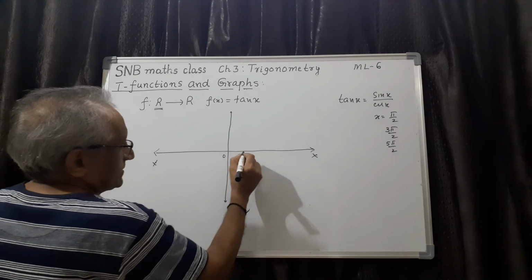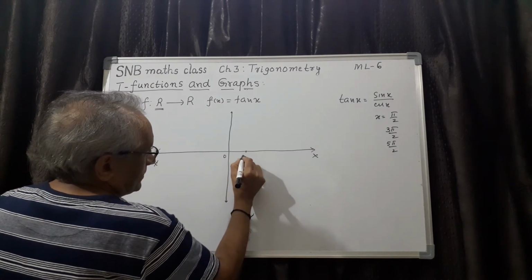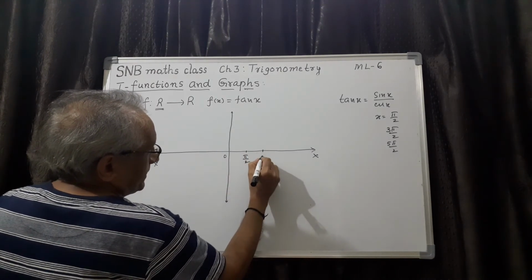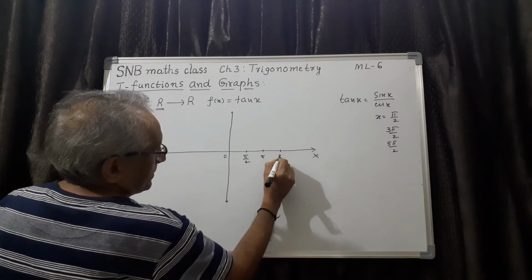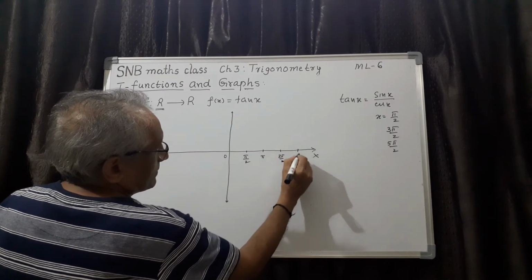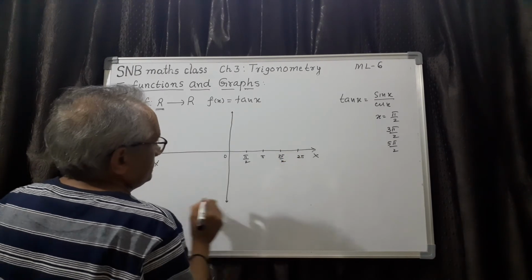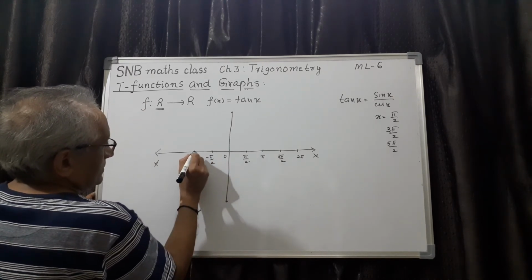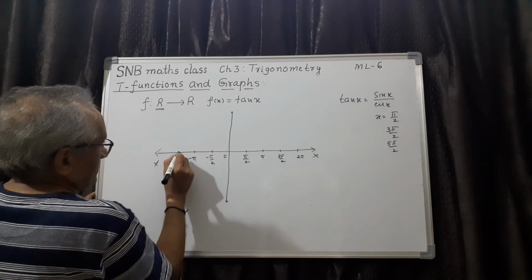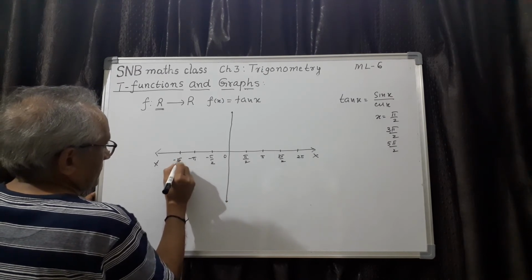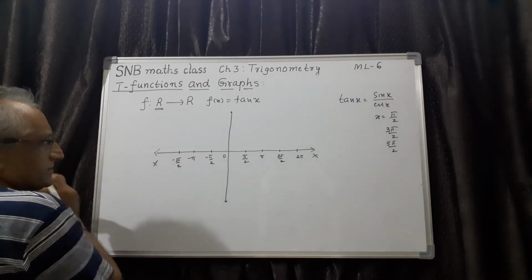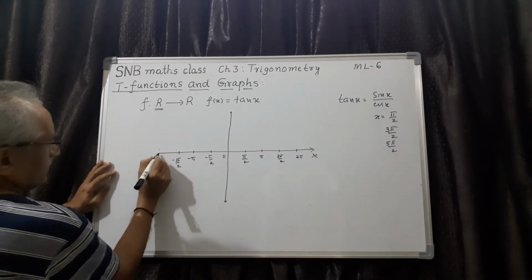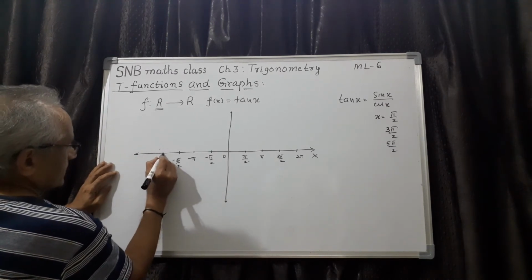Therefore, mark pi by 2, then pi, then 3 pi by 2, then 2 pi. Same thing here, minus pi by 2, then minus pi, then minus 3 pi by 2. Of course, you can come this direction, minus pi also you can take, minus 2 pi also you can take.